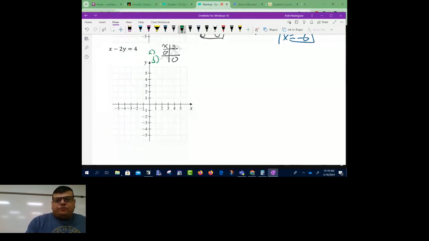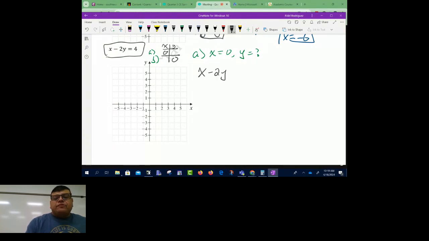So look, y'all, in part A, I know that the letter X is 0, but I don't have a number for the letter Y. I'm going to take the equation that I have here: X minus 2y is equal to 4. And where I used to have the letter X, I'm going to put the number 0.